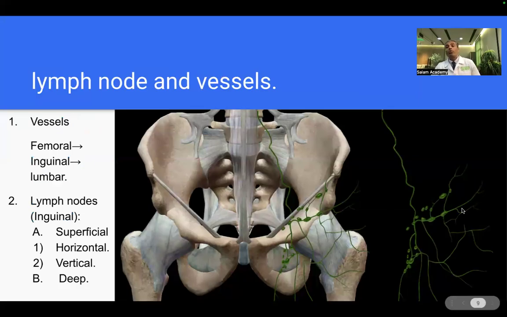Now, finally, we will talk about the lymphatic system. It's important to know the lymphatic systems that pass in this area. Okay, this is the inguinal ligament. This is a very important ligament here from the tubercle of the symphysis pubis to the anterior superior iliac spine. We have here lymph vessels and lymph nodes. Lymph vessels carry the lymph.